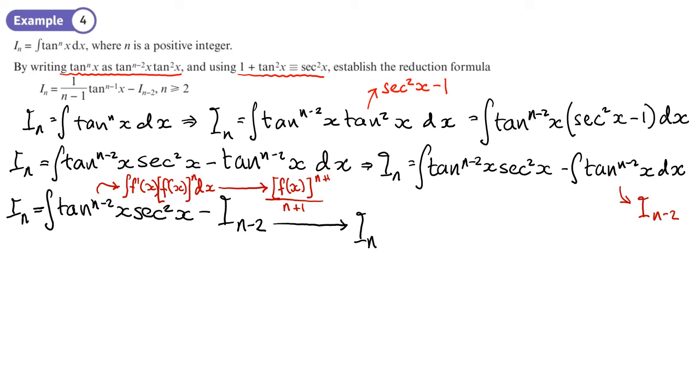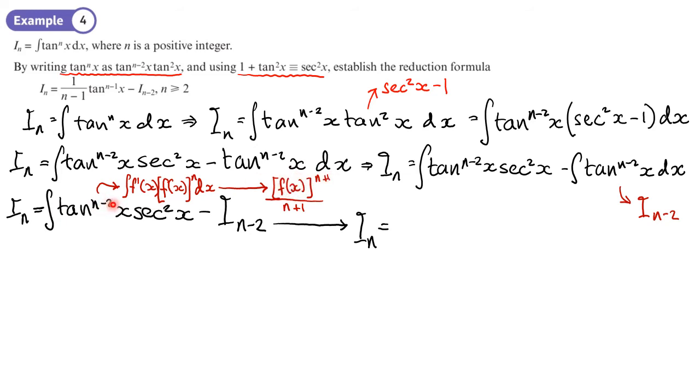So what happens then is this is the function, this is its derivative here. So it'll be like tan x to the power n plus 1.